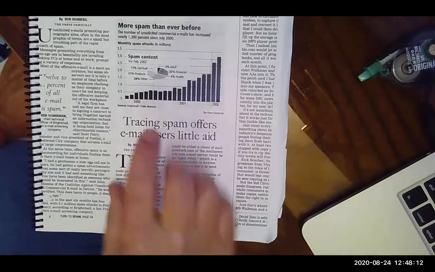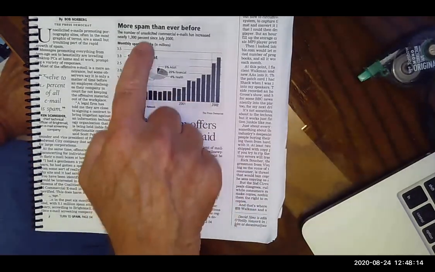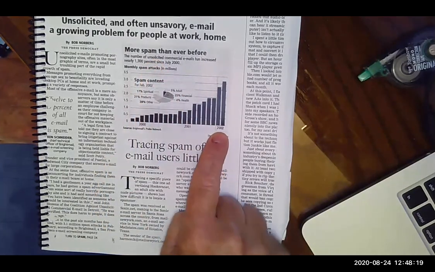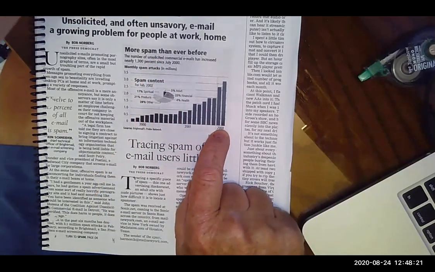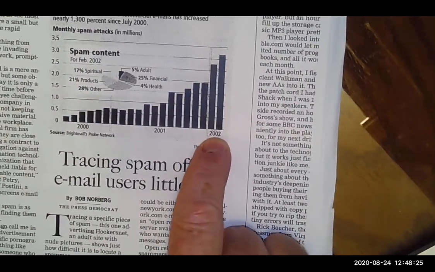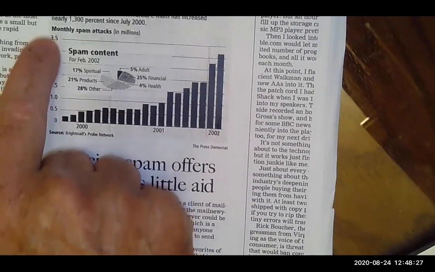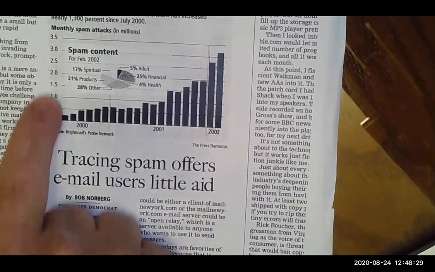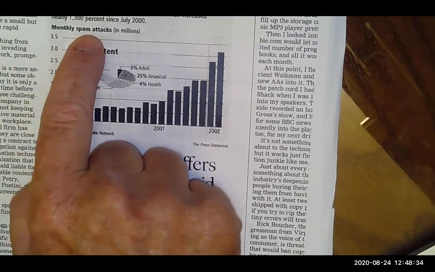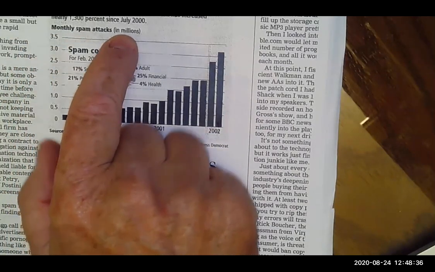Okay, here, if I look at the bars first and look at the information, it talks about spam. I'm seeing the number 2002, so the year 2002, and all this is talking about spam. And up here, the y-axis is talking about the monthly spam attacks in millions.